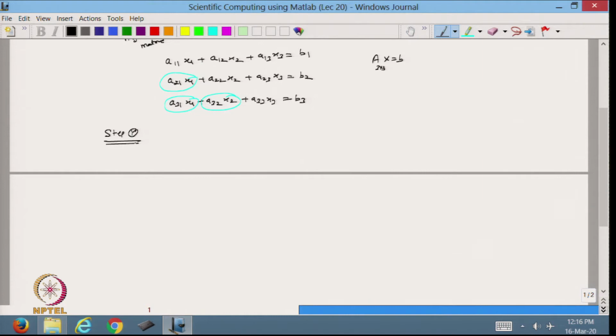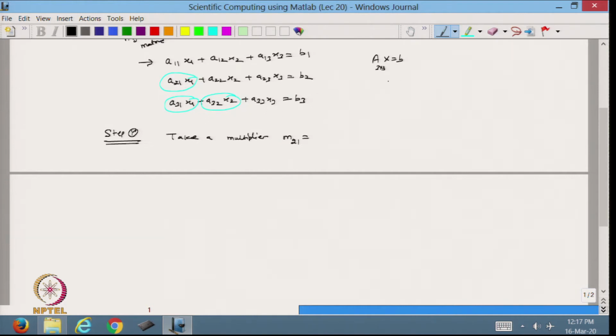In step 1 we take a multiplier, I will call it M21. So, what is M21? I will divide this row by A11, so I will get the 1 only, and remove this value of A21.